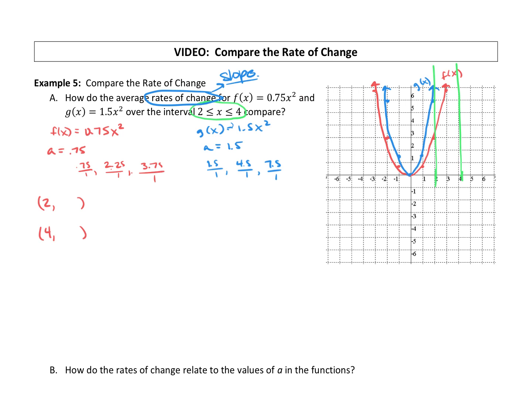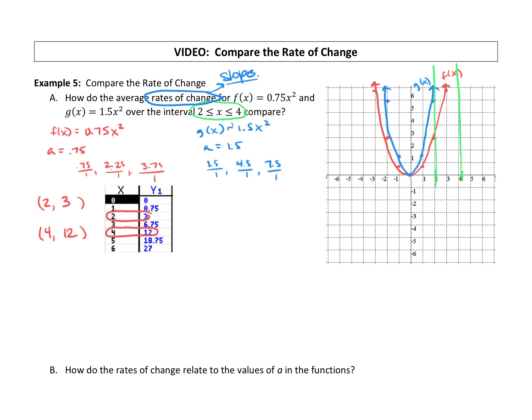You can also just use a table of values. So here's a screenshot of what that table of values would look like on the calculator. In our y equals, I typed in the function 0.75x squared, and I'm just going to scroll through looking for the ordered pairs when x is 2. So when x is 2, I can see that y is 3. And then I'm looking for when x is 4, and I can see that y is 12.